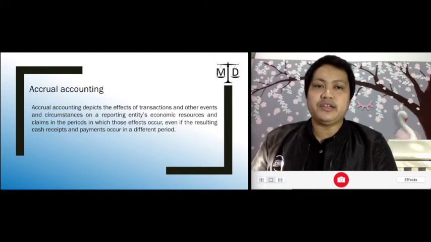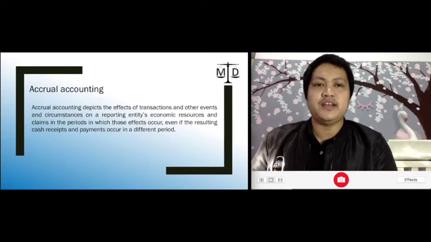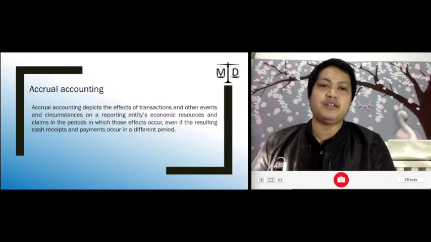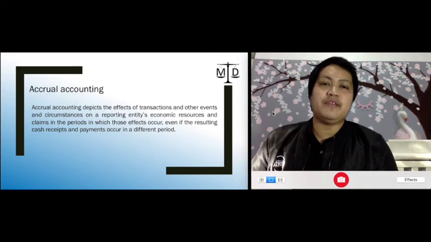The common alternative to accrual accounting is cash basis accounting, but comparing the two, accrual accounting is more reliable as a measure of financial performance, as a tool for assessing the viability of an entity, because it will tell you everything that is relevant for a particular period.